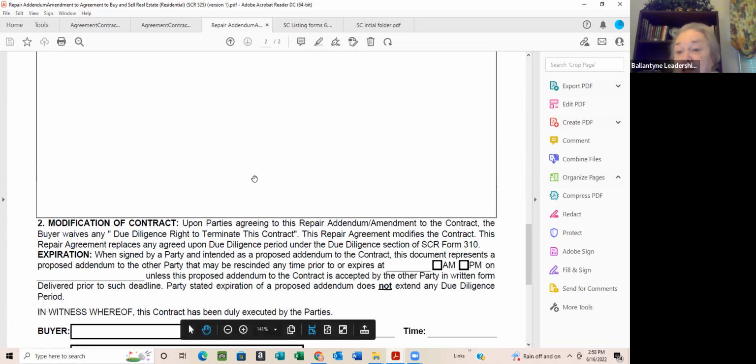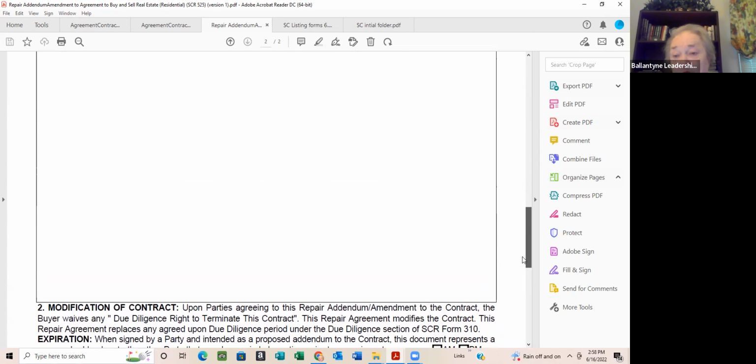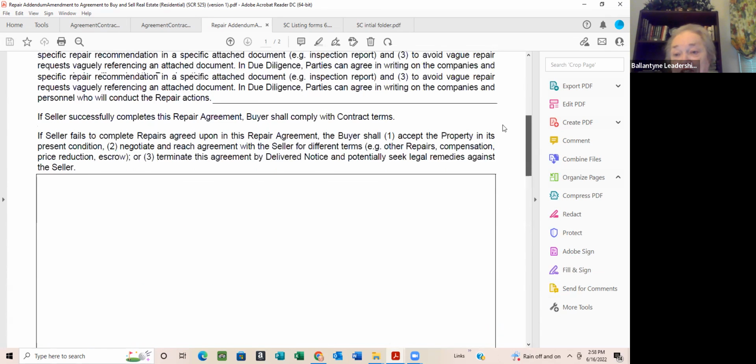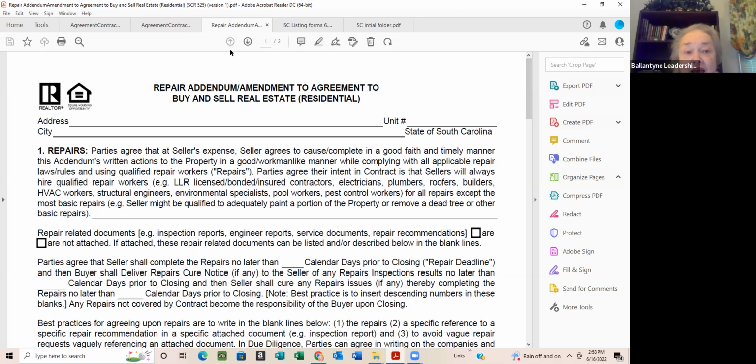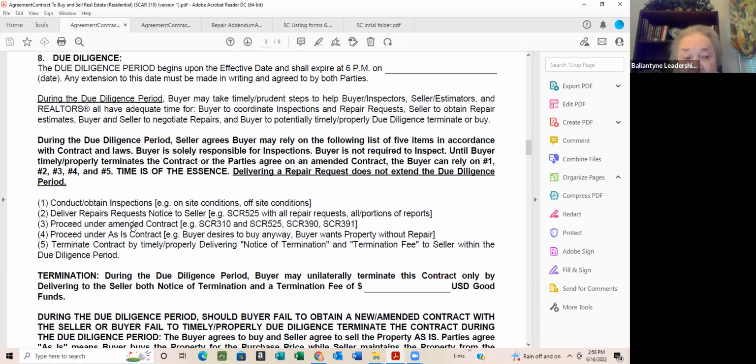They give you plenty of space to type and write, and for your DocuSign or your forms program, there's plenty of room in most situations to write it out. Now that is the form that's going to change the contract. And when it changes the contract, you see right here, you're going to proceed under the amended contract. It's now been amended.